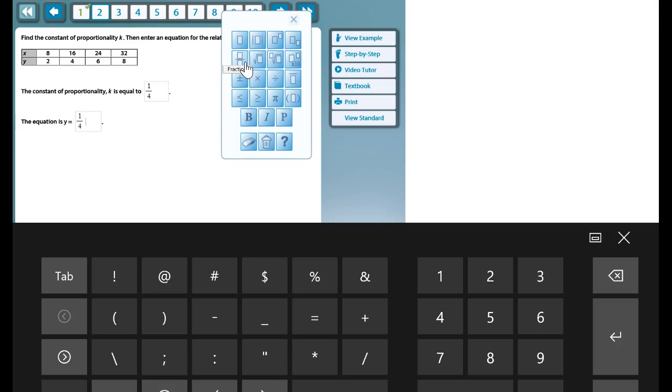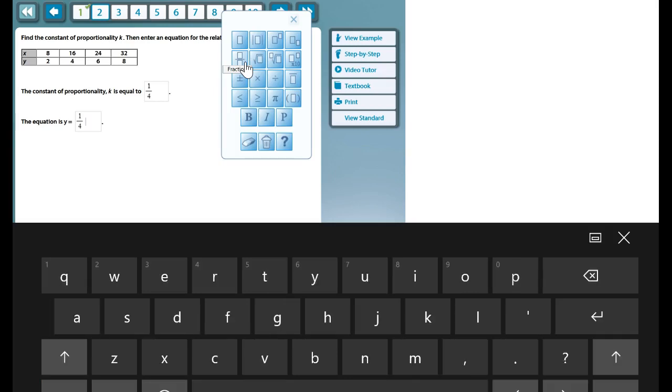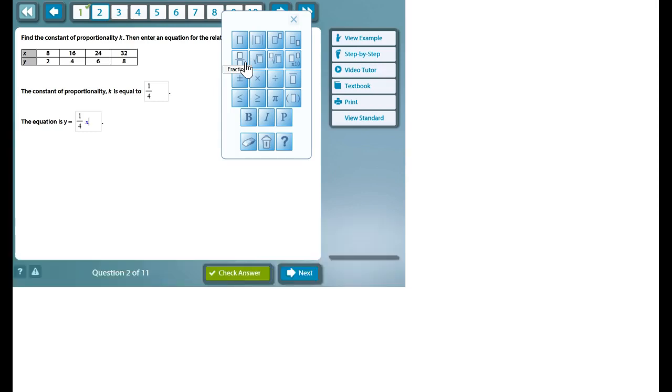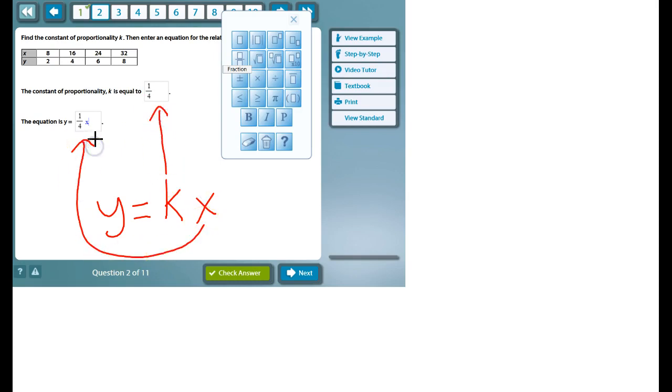Let me go back to my letters. 1/4 x, because of the other formula that we use that says y equals kx. So as you can see here, we said k was 1/4, which means y equals 1/4 x. Awesome. Next question.